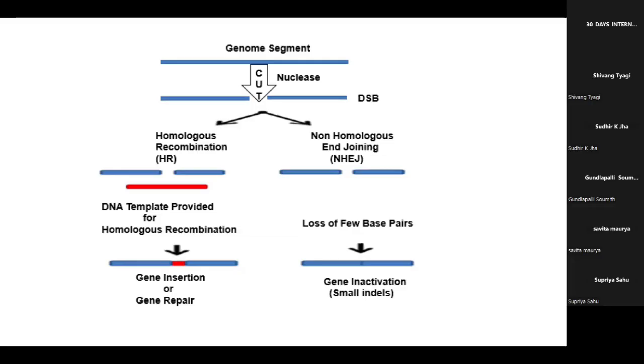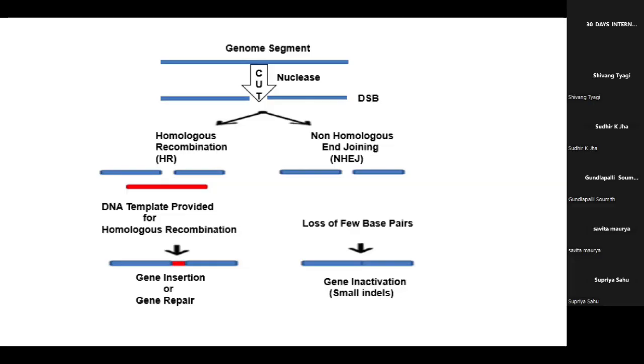Whenever there is non-homologous end joining, there will be loss of a few base pairs or there may be addition of a few base pairs. Since it is not a directed process, it is mostly error prone. In general, these small insertions and deletions inactivate the gene.